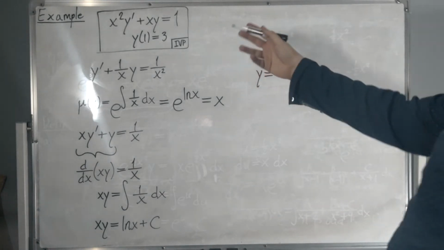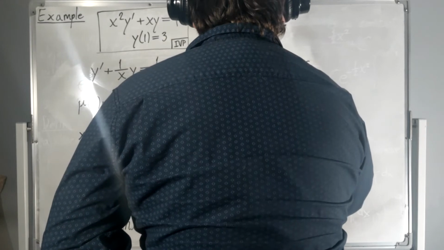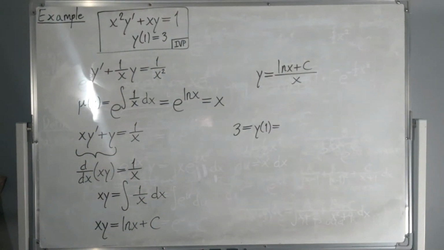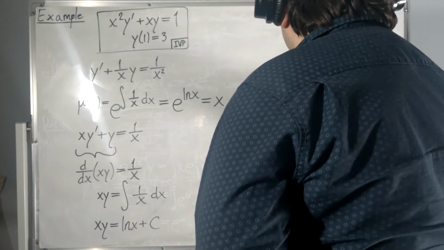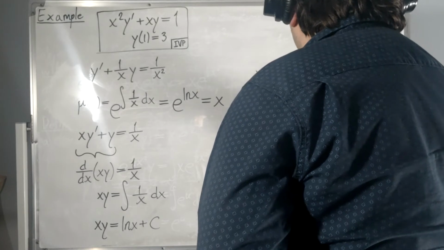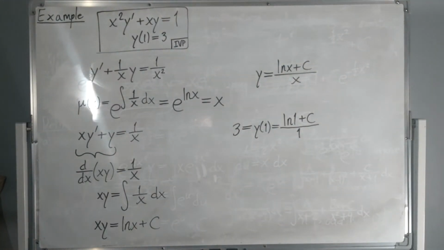So, 3 is y of 1. And according to our general solution, that's going to be the natural log of 1 plus c, divided by 1. The natural log of 1 happens to be 0.